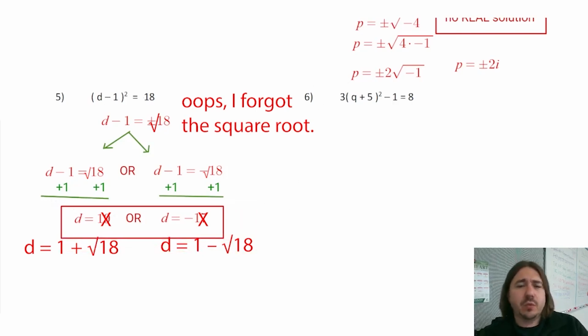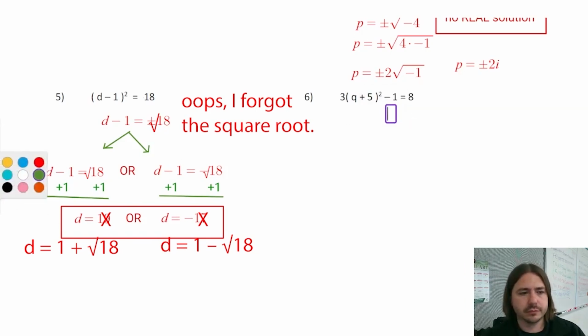Six is the last one, and we'll solve this very similarly to number 5, but we do need to get that squared expression isolated. Even though it's got the plus 5, we'll take care of that after we do the square root. So first, I will add 1 to both sides here. And then I will get, 8 plus 1 is 9.